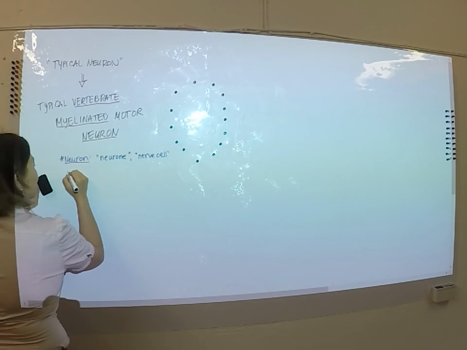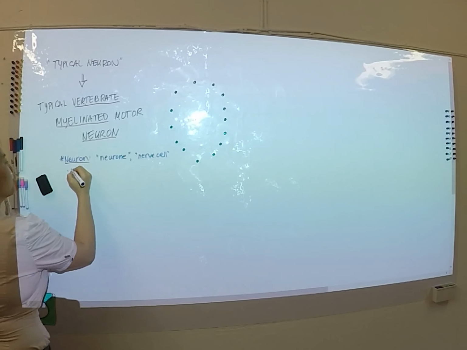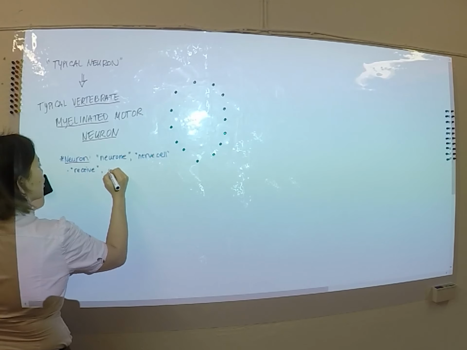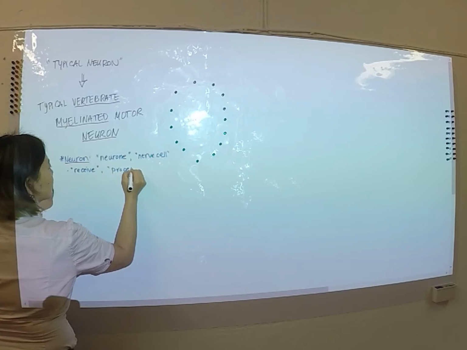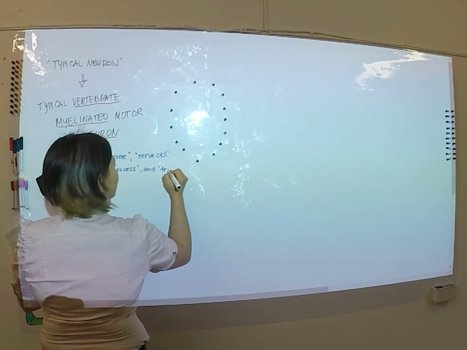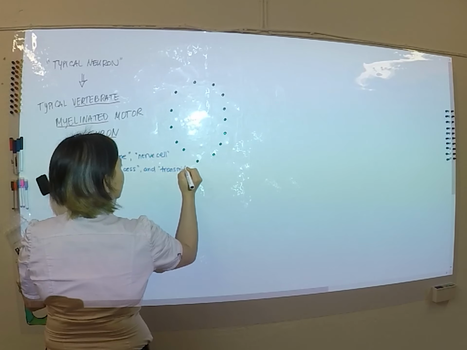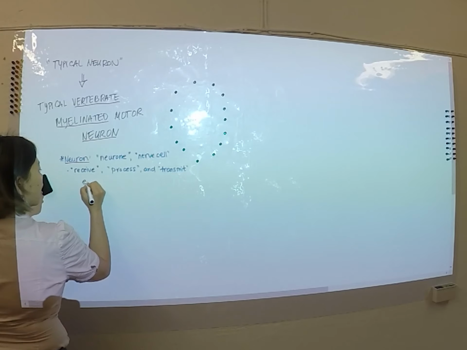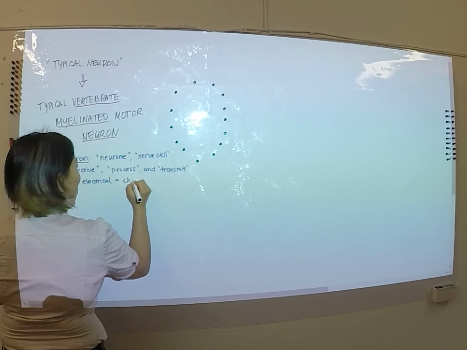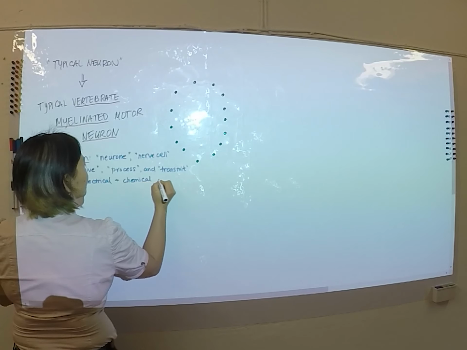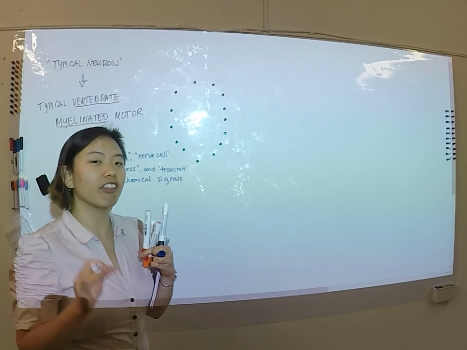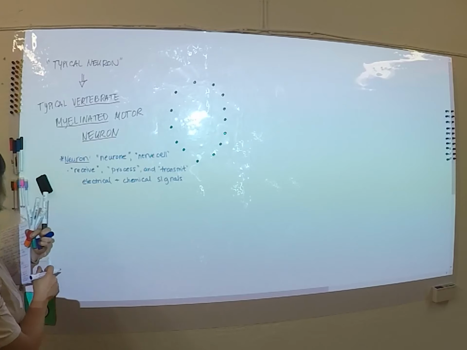Okay. So generally we talk about neurons as being able to receive, process, and transmit both electrical and chemical signals. Okay, so both electrical and chemical signals.